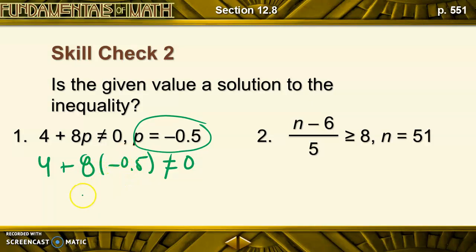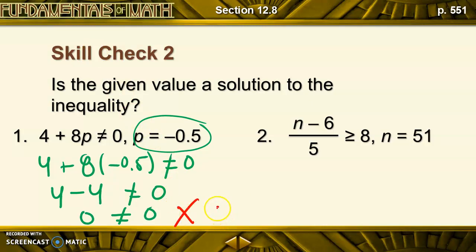If I use a calculator, I will figure out that 8 times negative 0.5 is negative 4. 4 minus 4 is 0. Does 0 not equal to 0? No, it is not true. This is not a solution. Is the given value a solution to the inequality? I would say no, because it is not true.